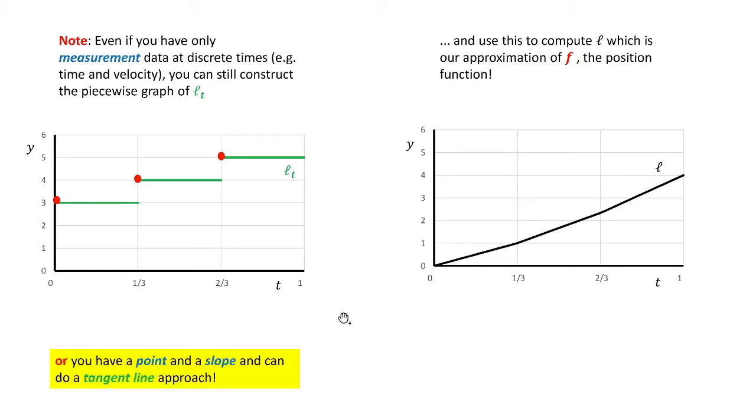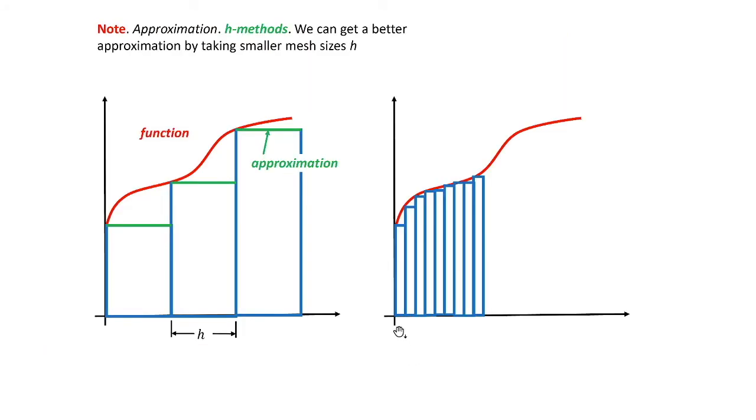All right. So with a point and slope, I have a tangent line, and there I have it. Now from an integral approach, again, compare and contrast. Suppose I have a function here.